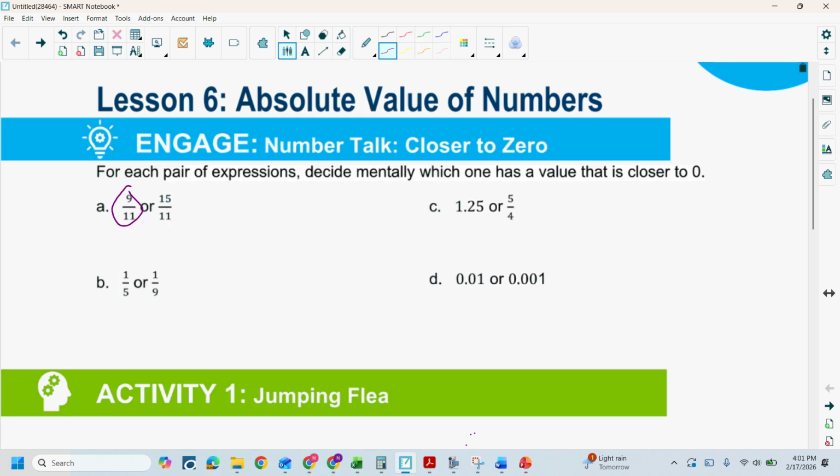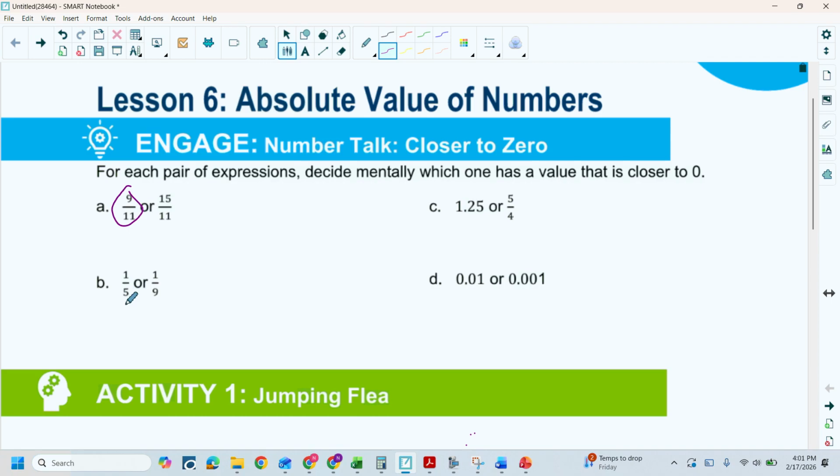And so, that one. Now, 1/5 or 1/9. Well, I'm going to say common sense here, but I already know that as soon as I say that, it's not common sense. It's something that should be if we know our multiplication and division facts.